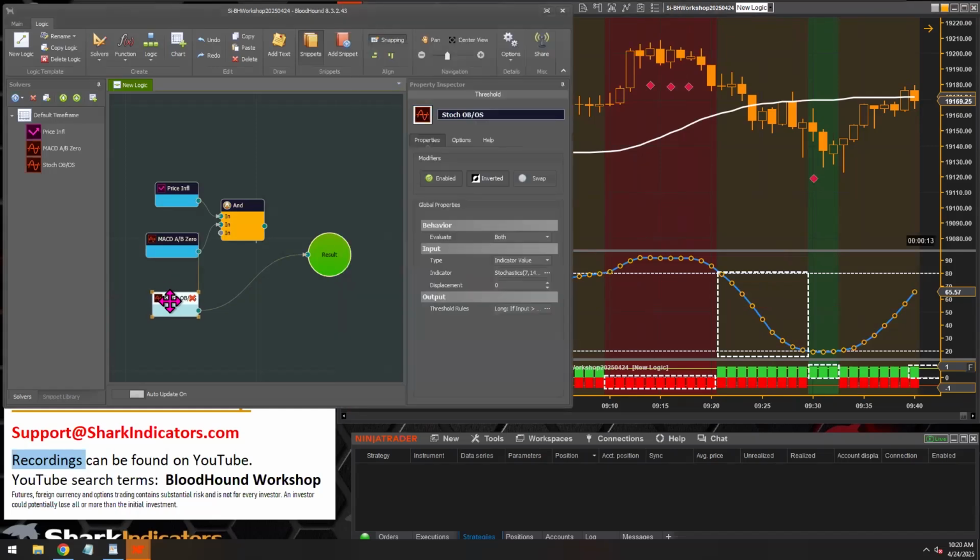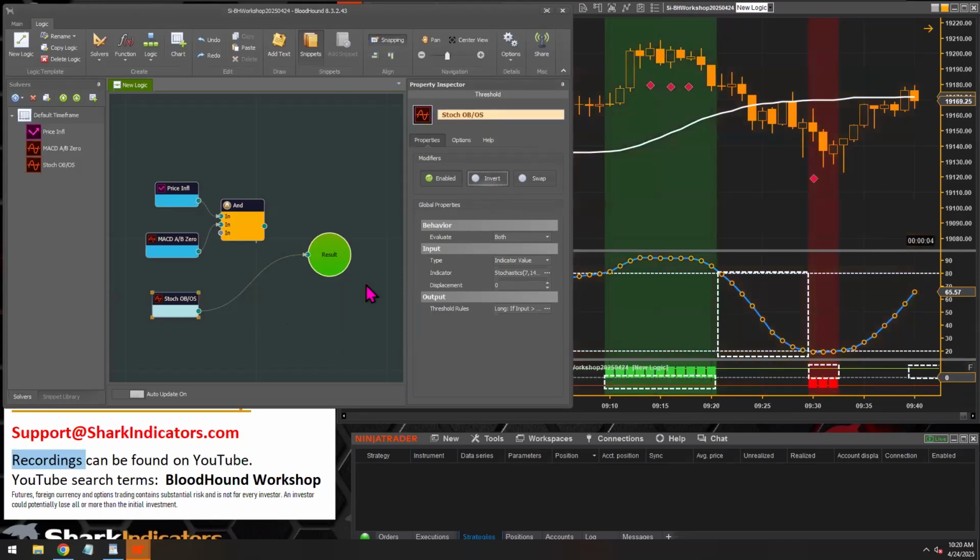So we're going to restructure this a little bit differently. I'm going to turn the invert off, and we're going to grab a function node here, and we want the long short modifier. Connect that in.